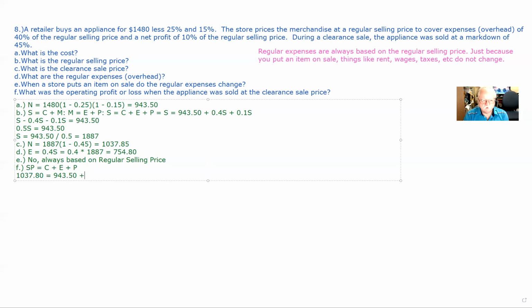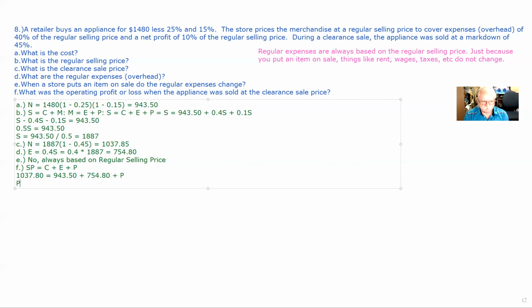The regular expenses, we've calculated them as 754.80. And of course, what's going to change is going to be the profit. They may or may not be making a profit at this price.